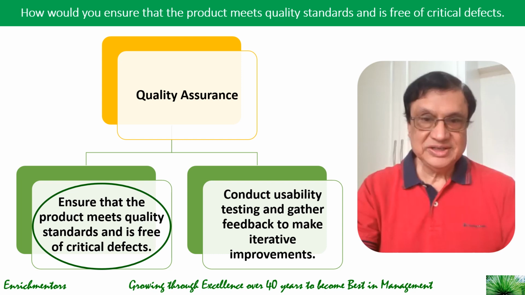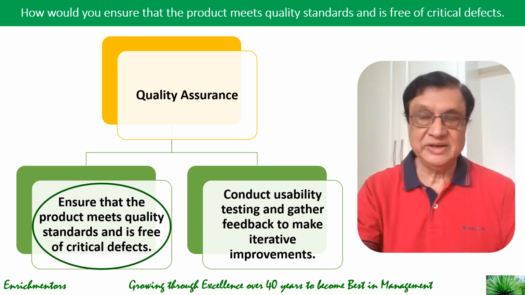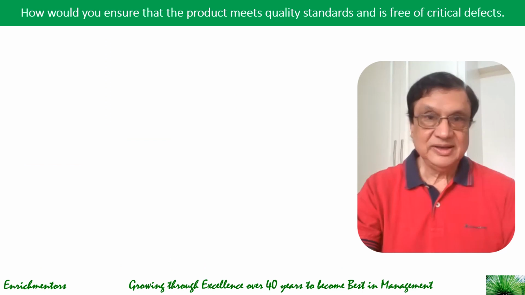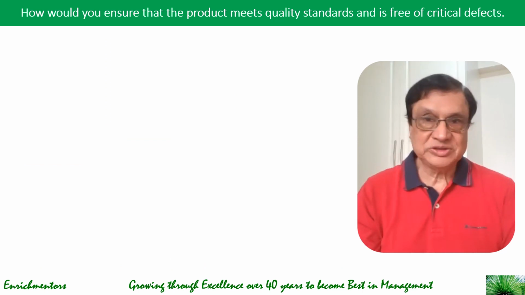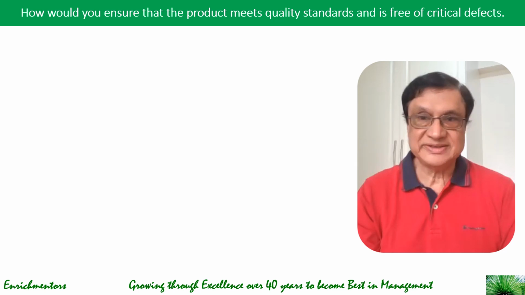So the question is, how do you do the first part of ensuring that your product meets quality standards and is free from critical defects? Any thoughts? Okay. So this is an important responsibility of the product manager, to ensure that the product meets quality standards and is free from critical defects.